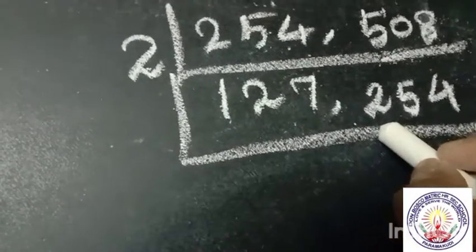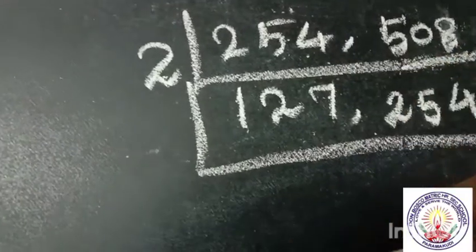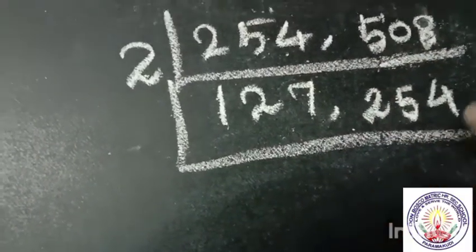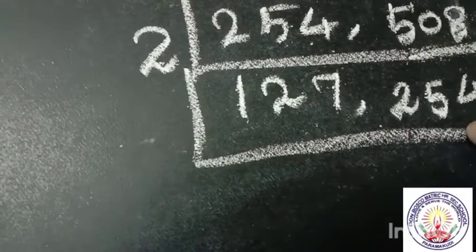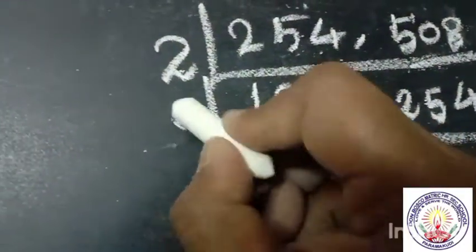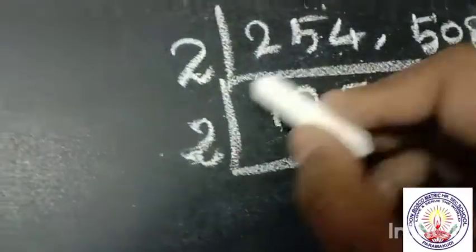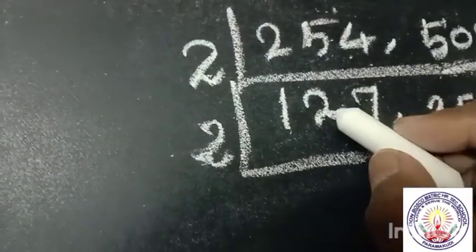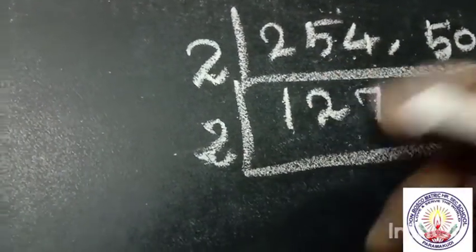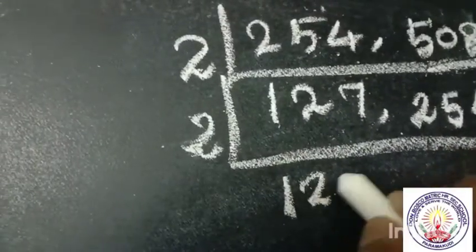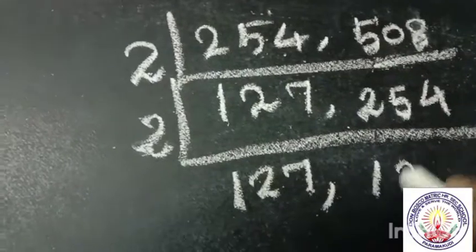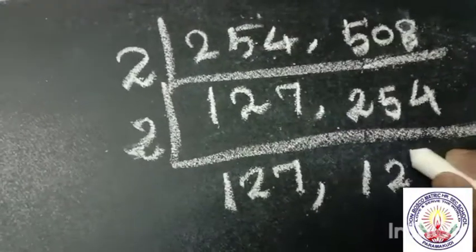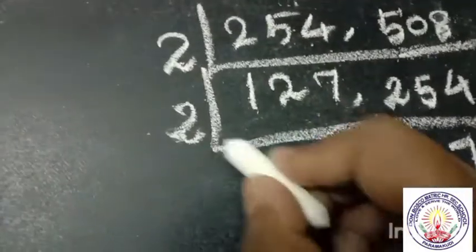Okay. So we have to take 254. In the ones place 4 is there, so that number is divisible by 2. We take that 2. We need not do anything in this number, we just write it down. And 1 2 is 2, 2 2s are 4, remainder 1, 14, 7 2s are 14.